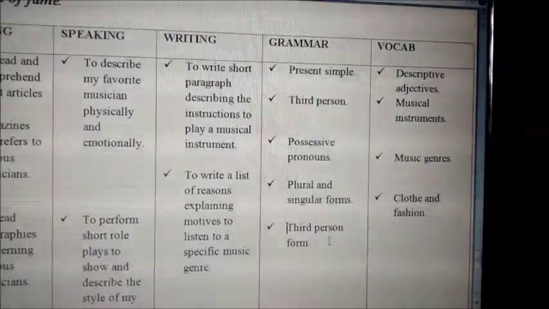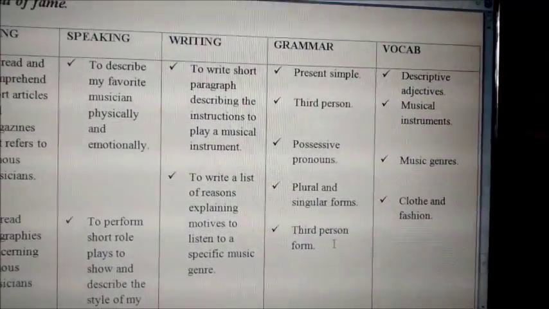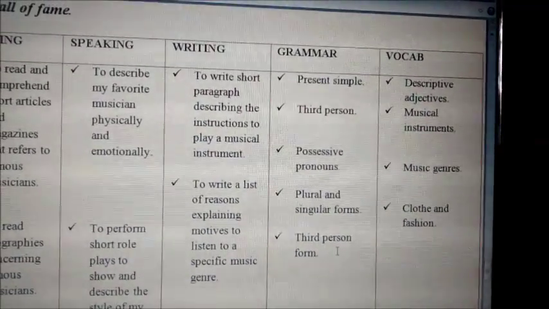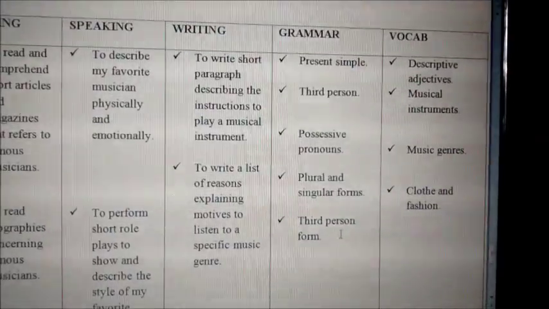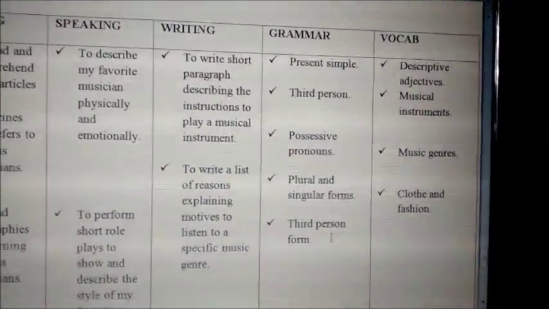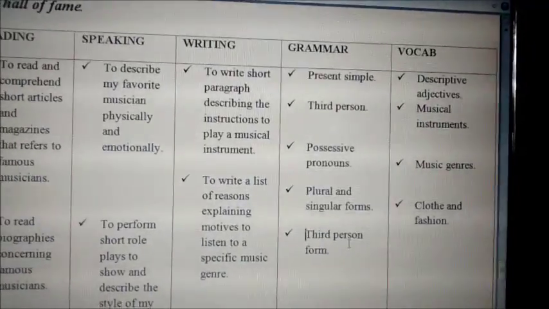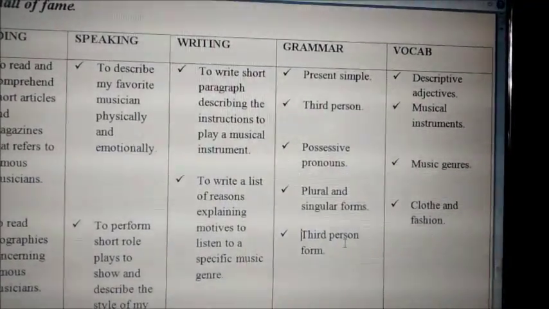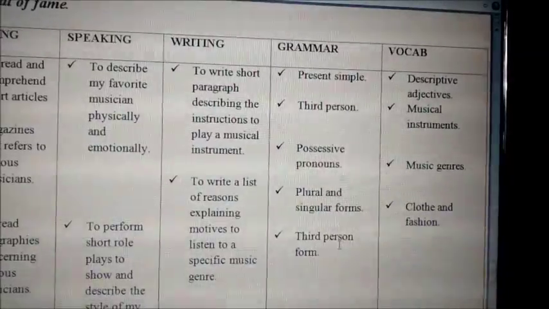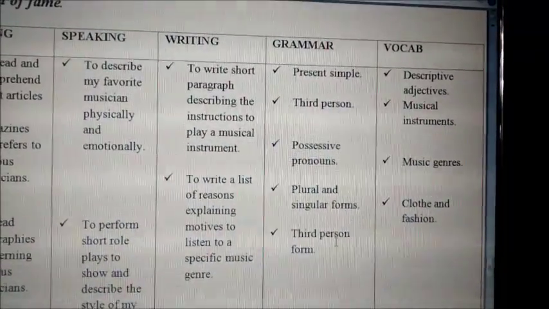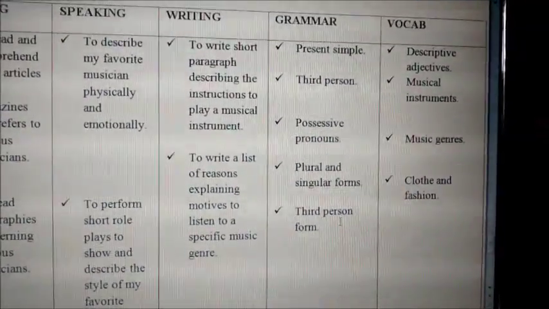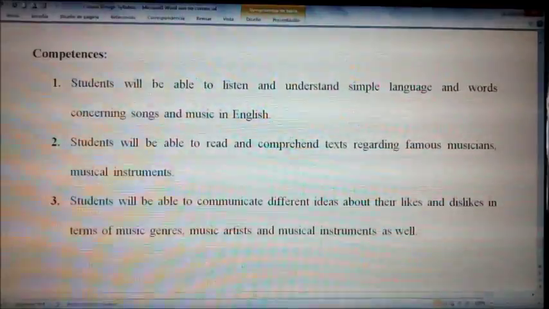In grammar, we work with present simple, third person, possessive pronouns, and plural and singular forms. In vocabulary, we work with descriptive adjectives, musical instruments, music genres, and clothes and fashion.